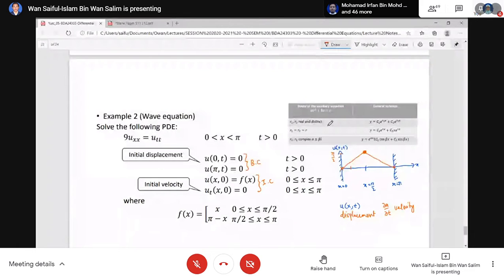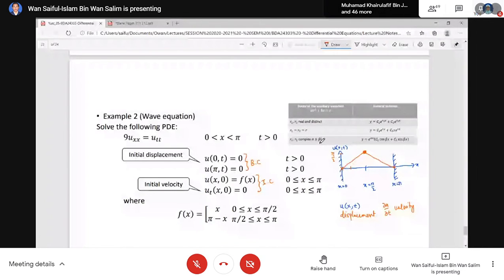If gamma makes the roots equal to each other and real, then you get this solution. And if gamma makes the roots complex numbers, we have this type of solution.